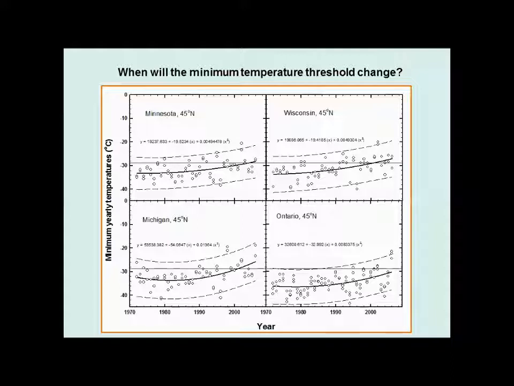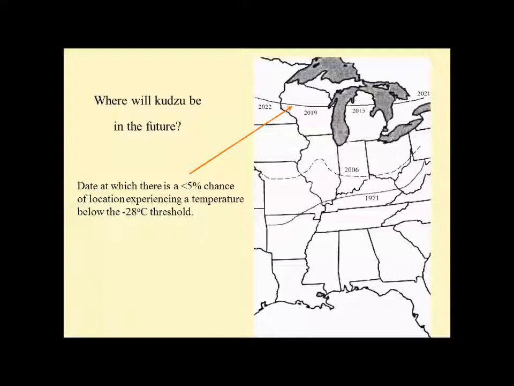And we used a very simplistic model. Where would this line be when there's a 95% confidence that kudzu will be able to grow? So this is a date at which there is less than a 5% chance of the location experiencing a temperature below the minus 28 degrees threshold.